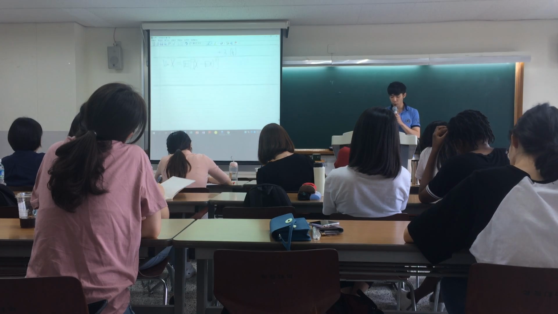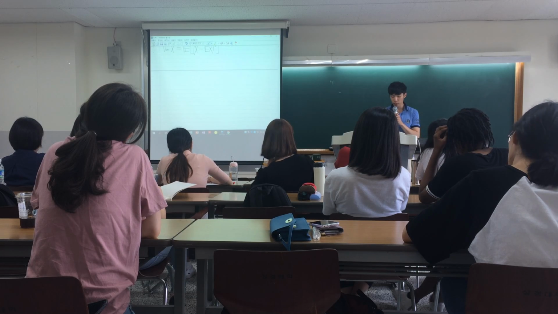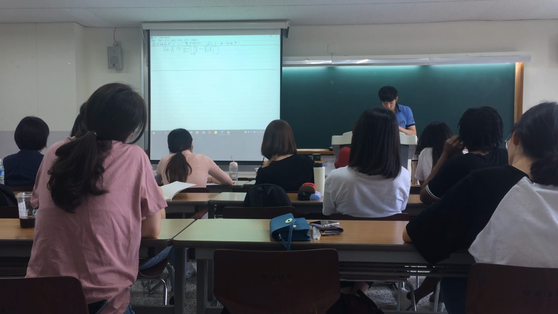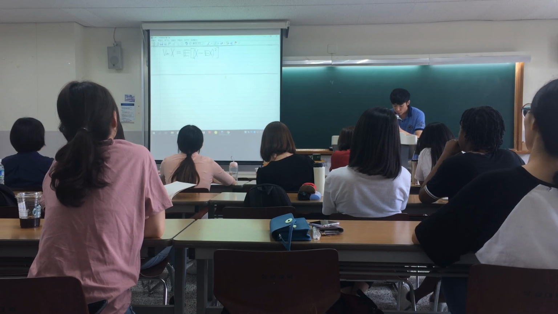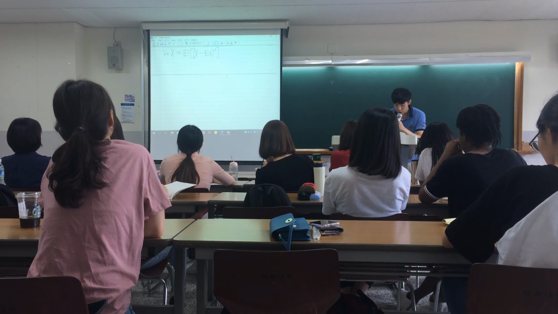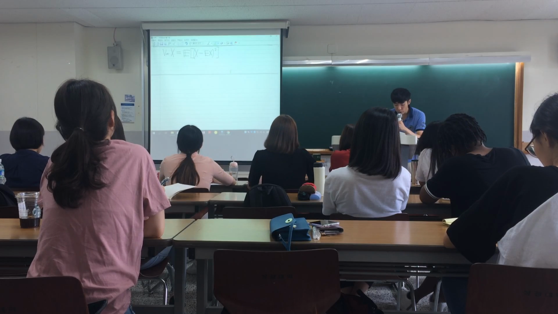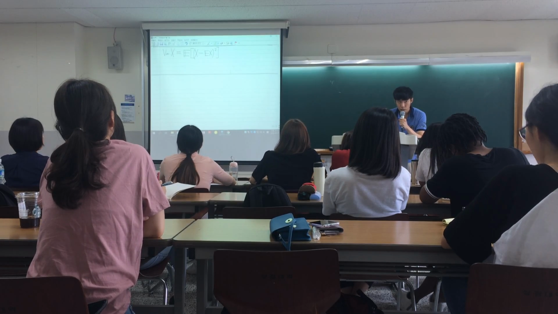If this is your first time looking at expectations, then this might look very daunting. But if you think about it, the expectation is a function on a random variable.